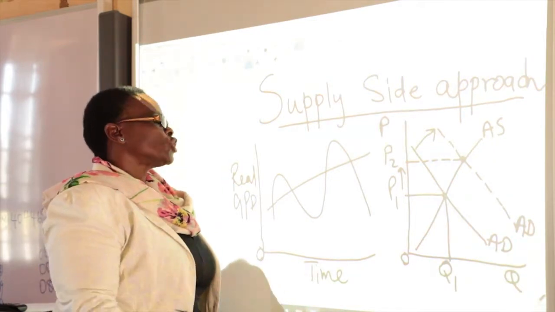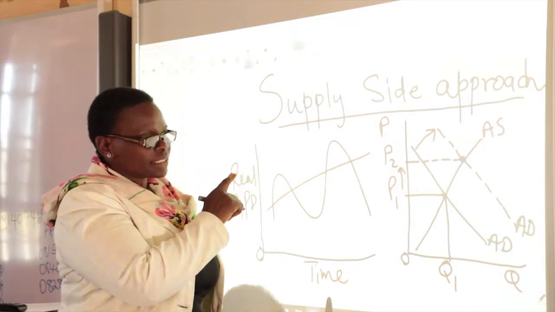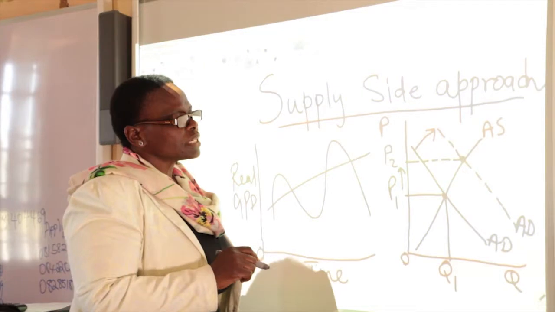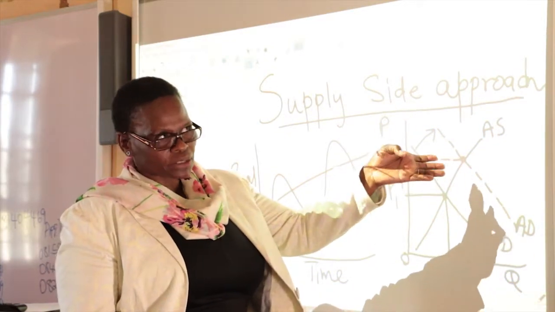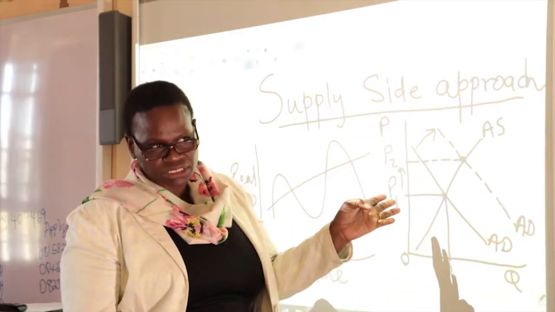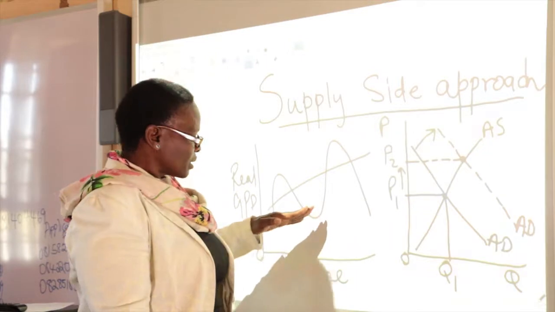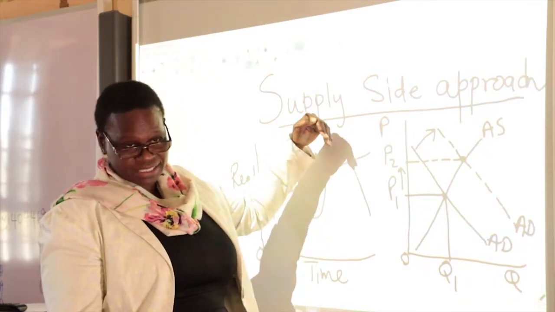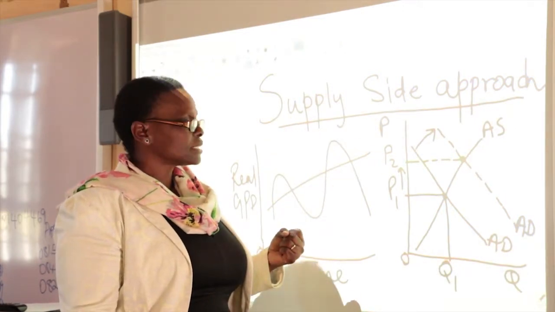And then to smooth out the business cycles, previously the authorities would concentrate on manipulating the aggregate demand. So if they wanted to fight inflation, they would also have to suppress demand. In other words, they would have to apply the reverse. They would have to reduce the money supply.